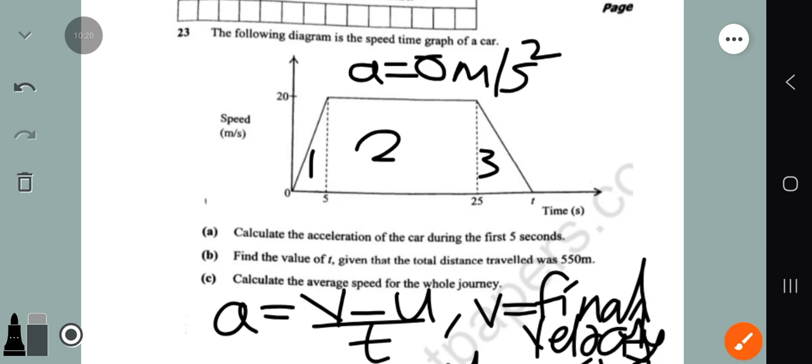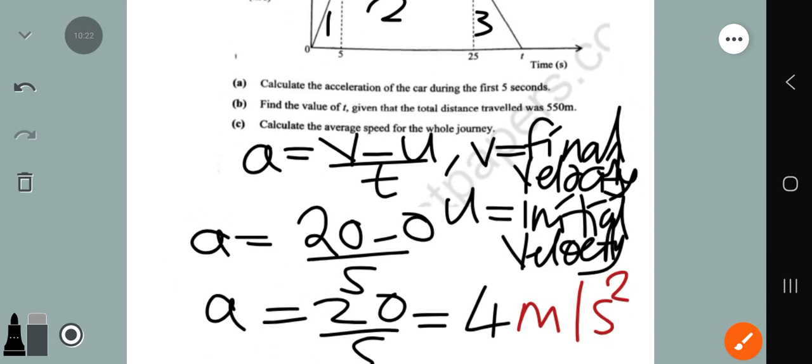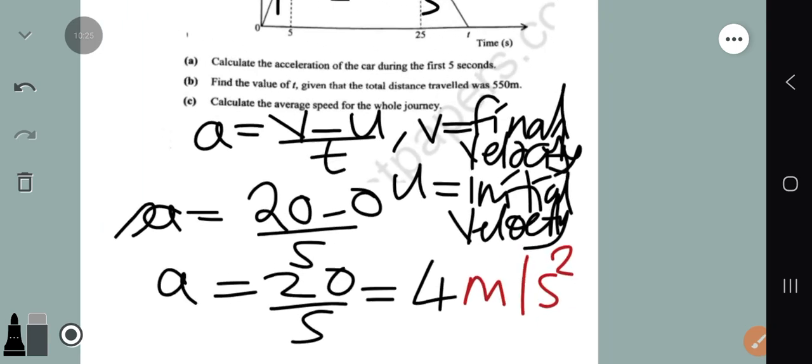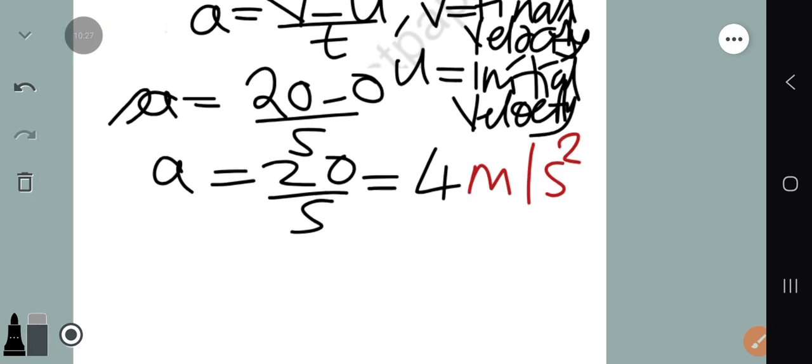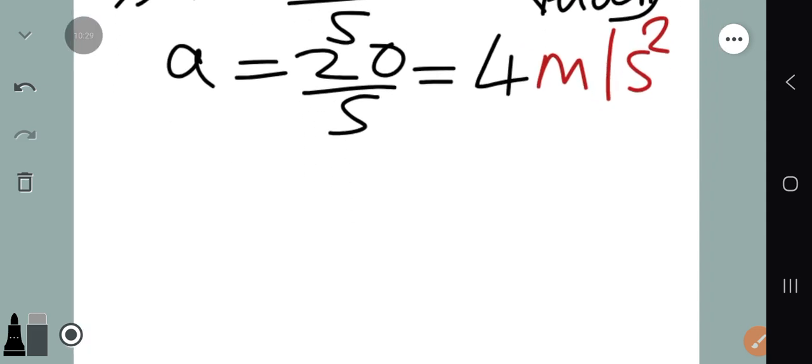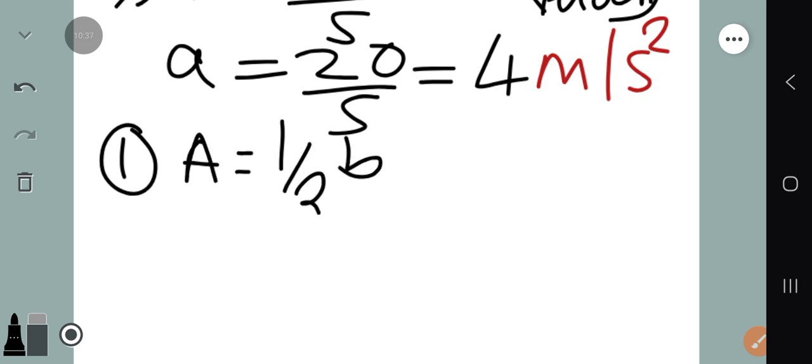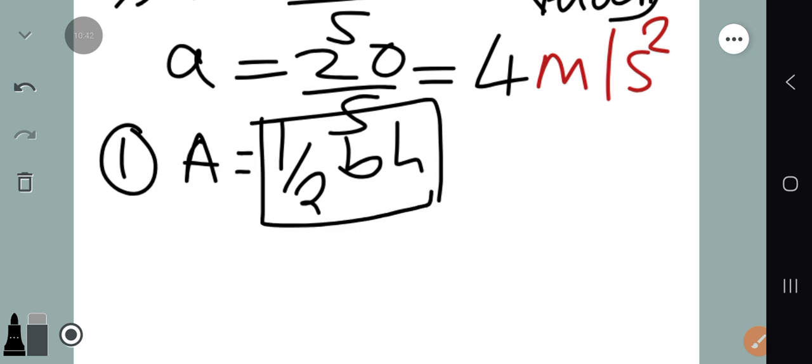So you need to know the formula for finding area of a triangle. Shape 1, what is the area of a triangle? It's given by 1 over 2 times base times the height. So this is the formula used to find the area of a triangle.